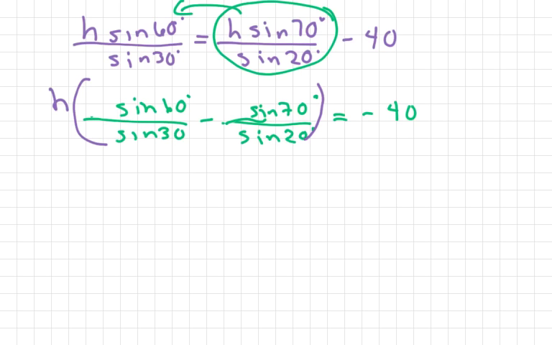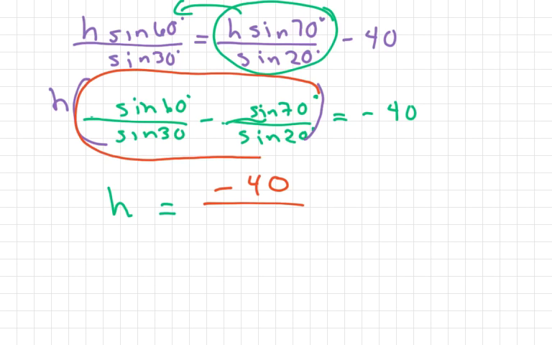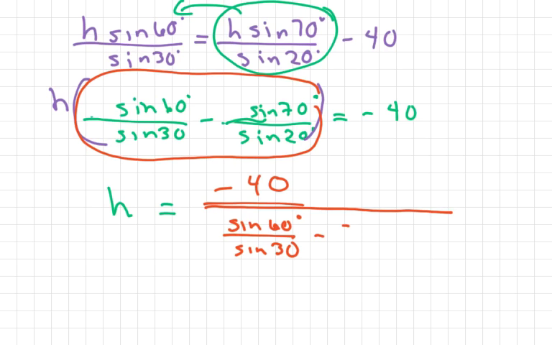Now all you're going to do to solve for h, which is what we're looking for, is divide negative 40 over all of this. So I'm going to make a long line and write this down again. You have sine of 60 over sine of 30 minus sine of 70 over sine of 20 degrees.